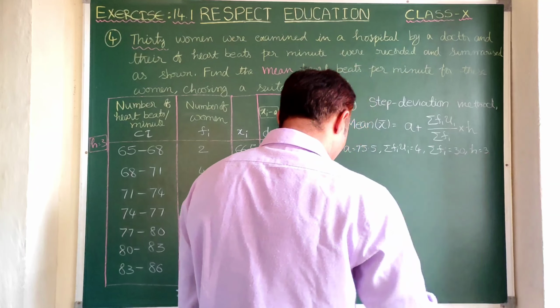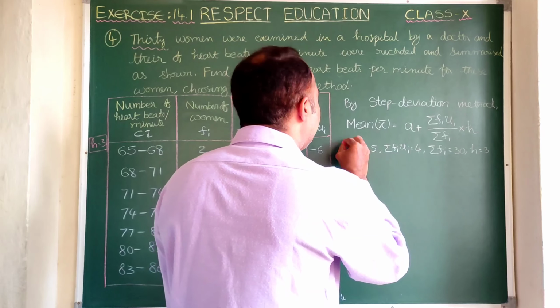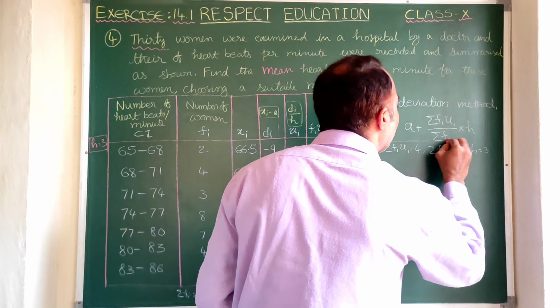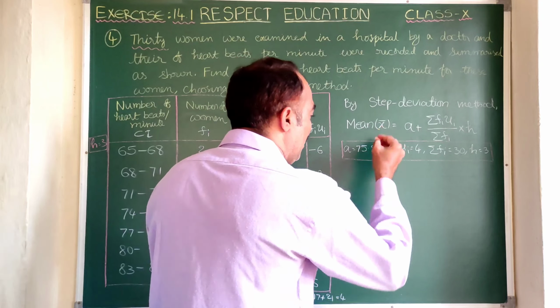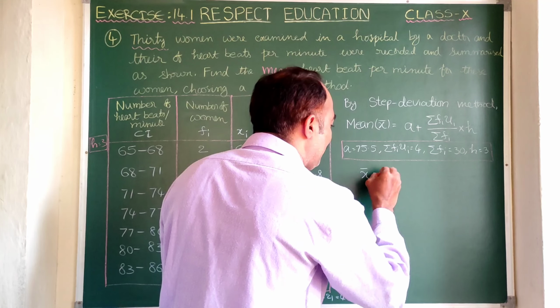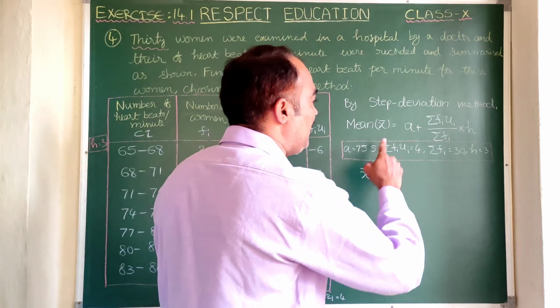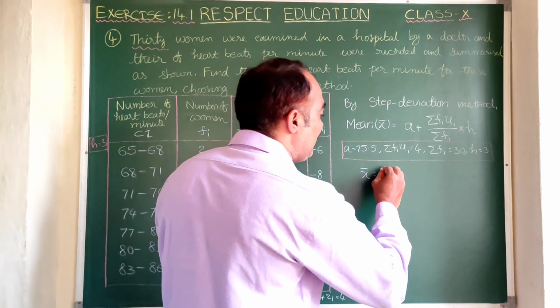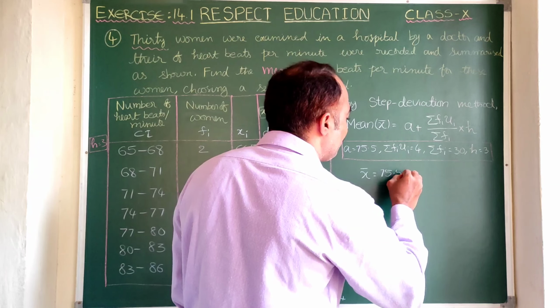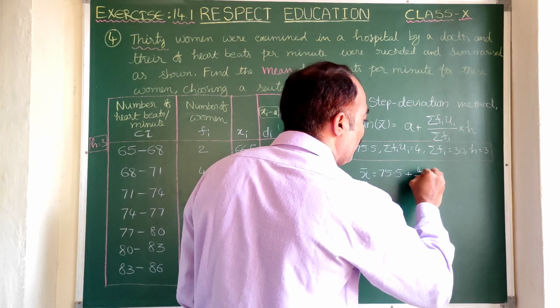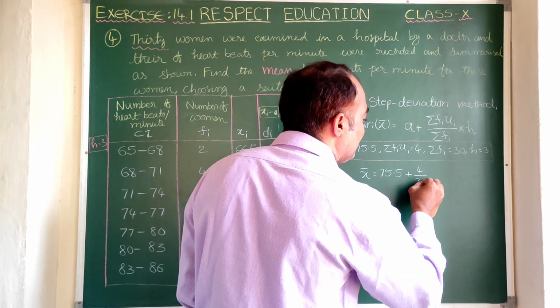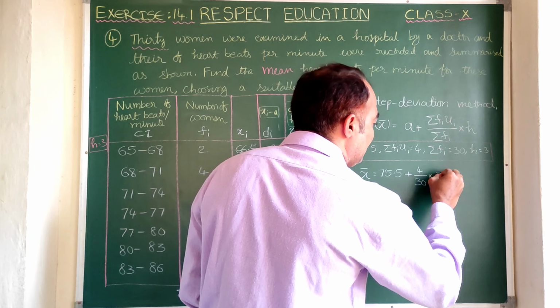Now let us substitute these values in the formula. Mean x bar is equal to a, 75.5, plus sigma fi ui 4 by sigma fi 30 into h, which is 3.